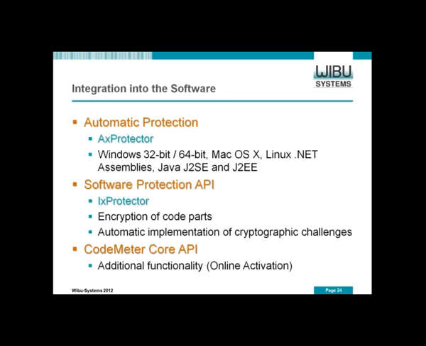So this means that the software is not completely decrypted in memory, which makes it very hard to make a memory dump and reconstruct the complete software. So with the IX Protector you can improve the security level in a very easy way. And last but not least, we have a standard API, which means just checking licenses, asking is the license there, yes or no.